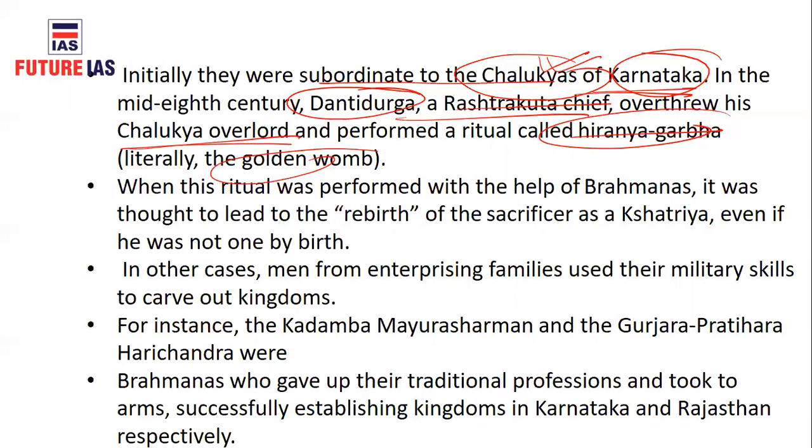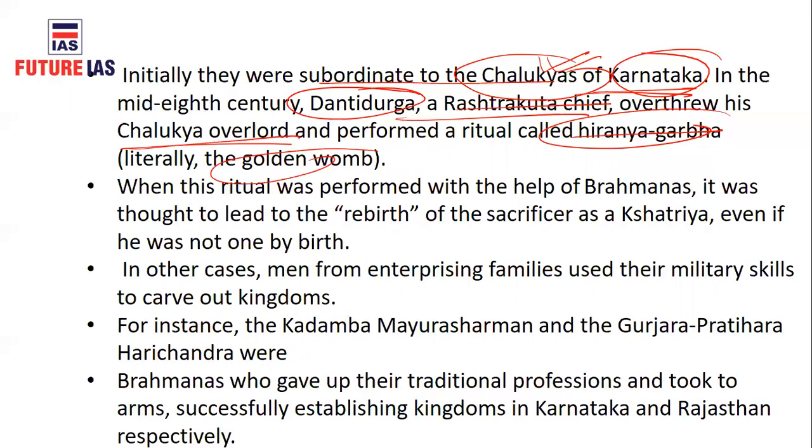Kadamba Mayurasharma established his kingdom in Karnataka, and Gurjara Pratihara Harichandra established his in Rajasthan. They were men of enterprising families who used their military skills to set up an independent kingdom.